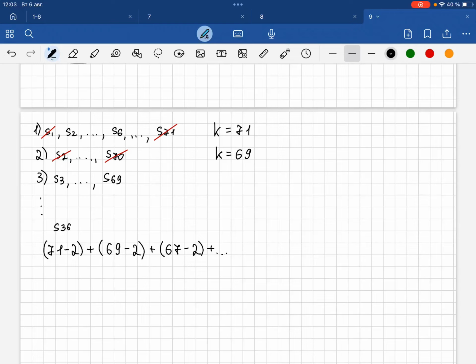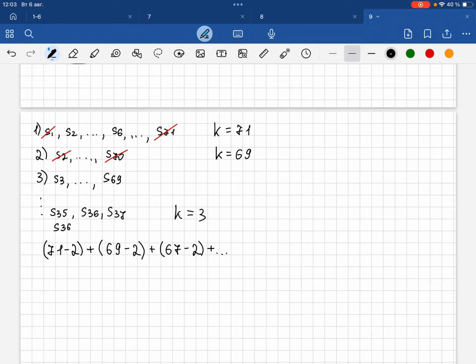And at our last stage, we'll have S35, S36, and S37.